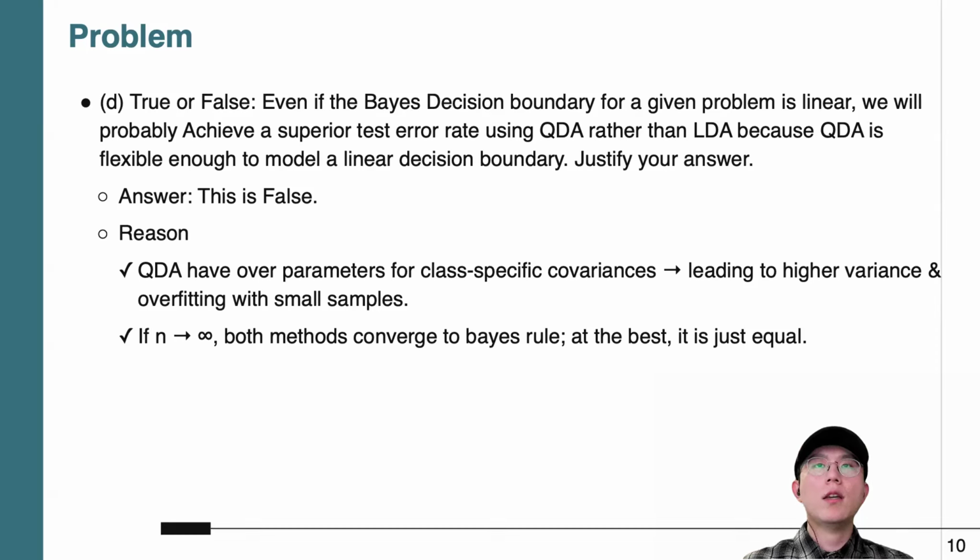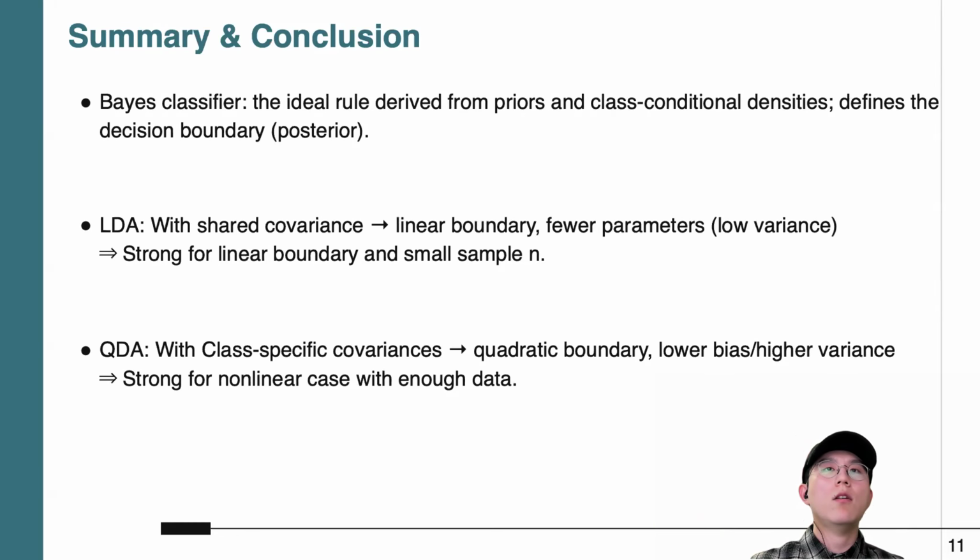Because QDA can represent a linear boundary if the sample is large enough, but it pays a lot of variance cost from estimating separate covariances. And if the sample is finite, limited, the cost usually outweighs any benefit, so LDA typically has equal or lower test error.